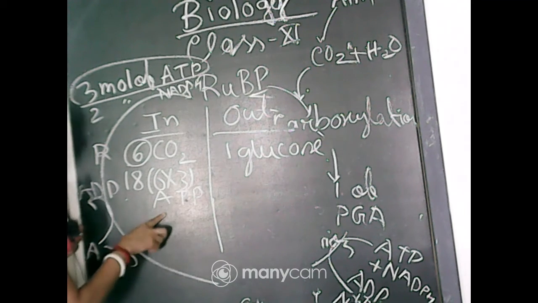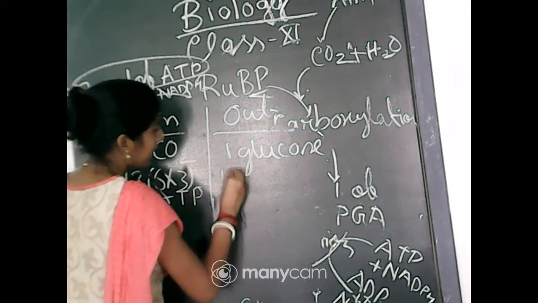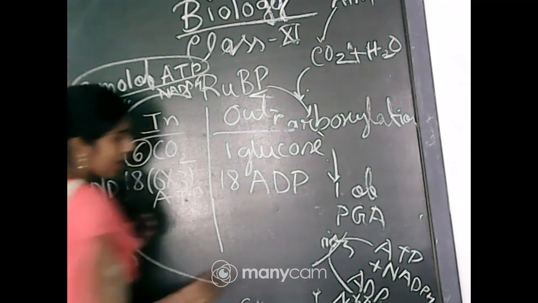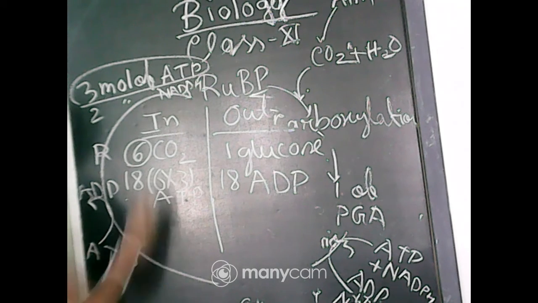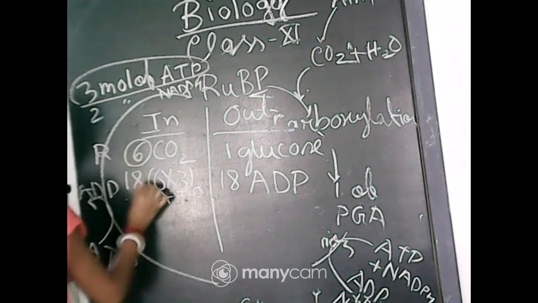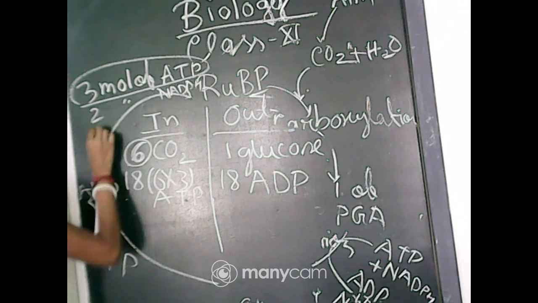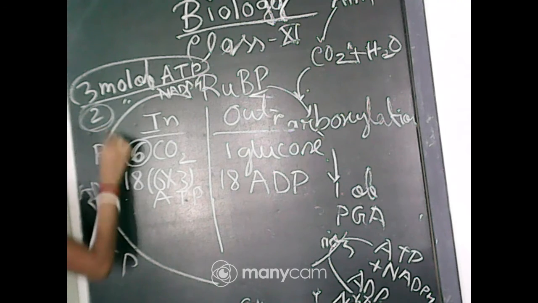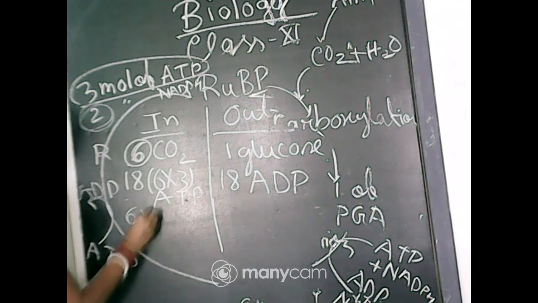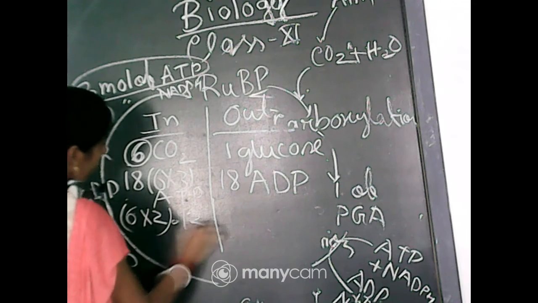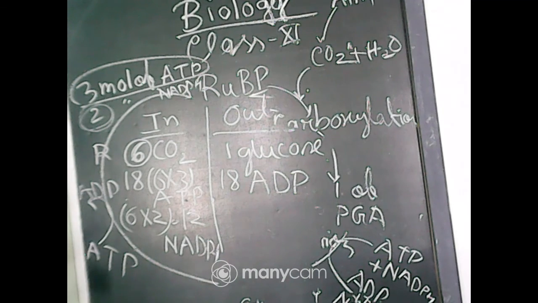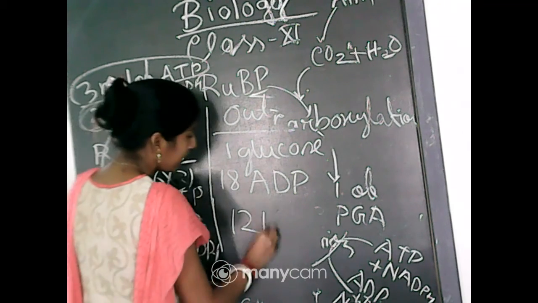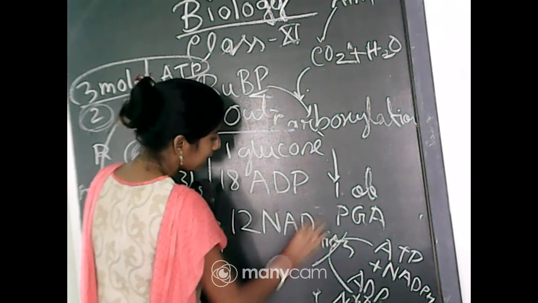After breaking 18 molecules of ATP, what will we get? 18 ADP, as you know that ATP will be broken down into ADP plus Pi. NADPH is also required. For 1 cycle 2 NADPH is required, so for 6 cycles, 6 into 2 means 12 NADPH will be required, and we will get 12 NADP.